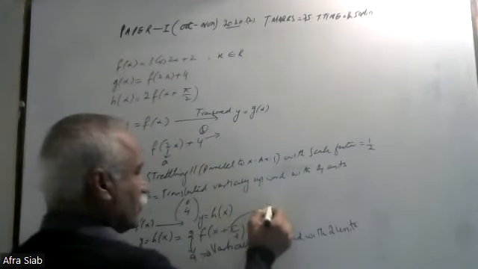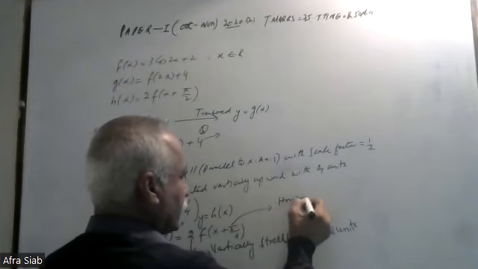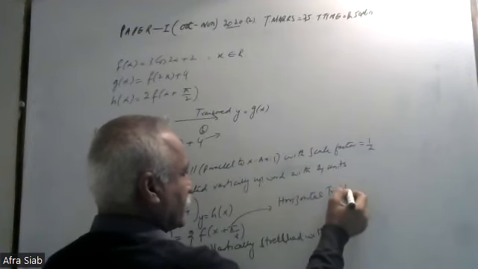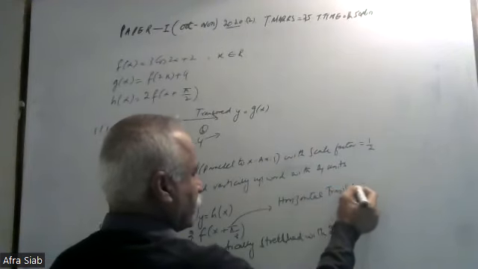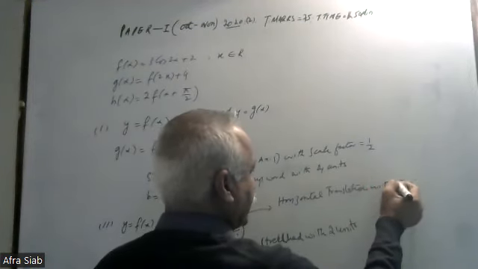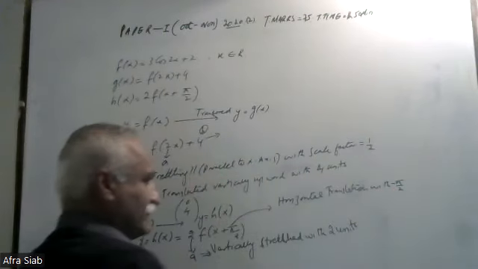And this pi by 2, that means what? It is horizontal translation with minus pi by 2 on x-axis.